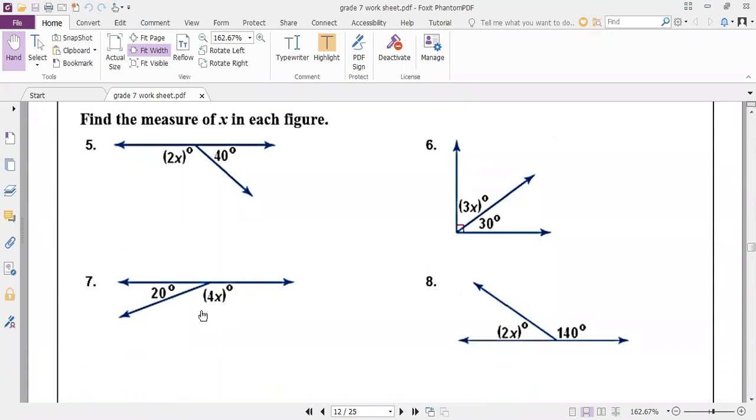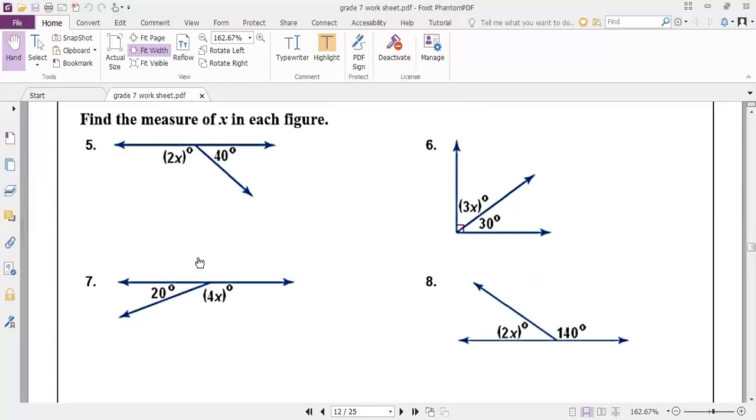Here in number 7, he gives me 20 plus 4x. The sum of these 2, Saleh, is equal to 180 because they are supplementary angles. So these 2 angles, my friend Saleh, are adjacent and supplementary. The two angles together are adjacent. Why?